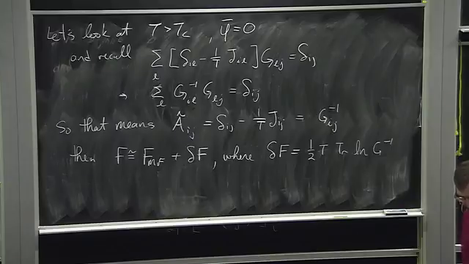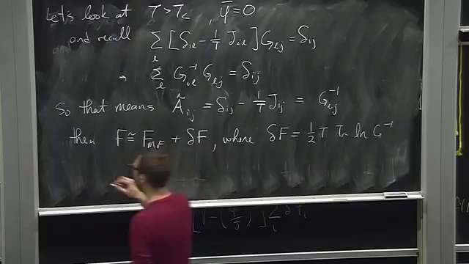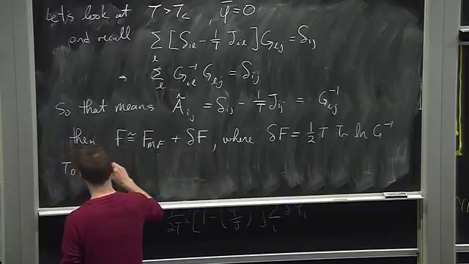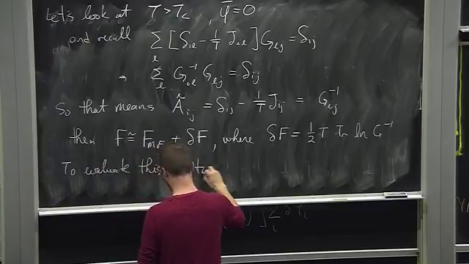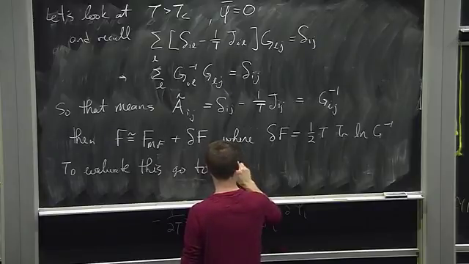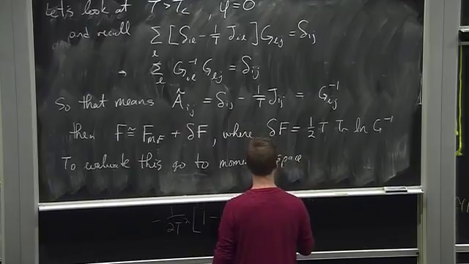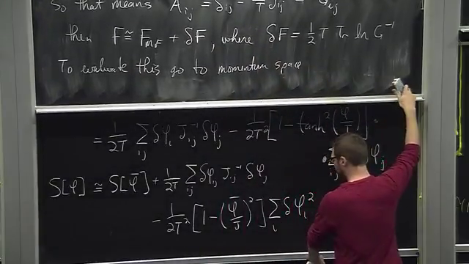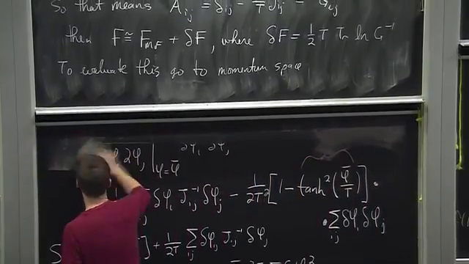And in order to do that, I need to diagonalize. No, I need to take the Fourier transform into momentum space again. So let me do one more step. So in momentum space, we just throw this in the Fourier transform.